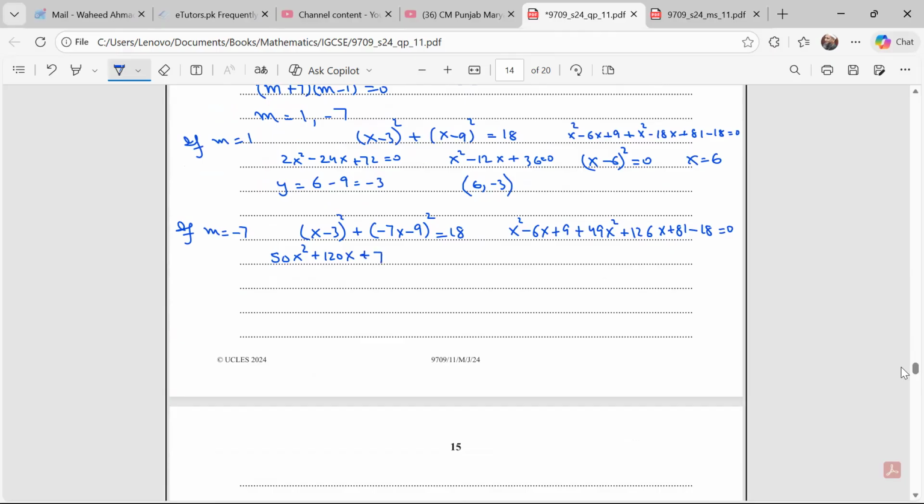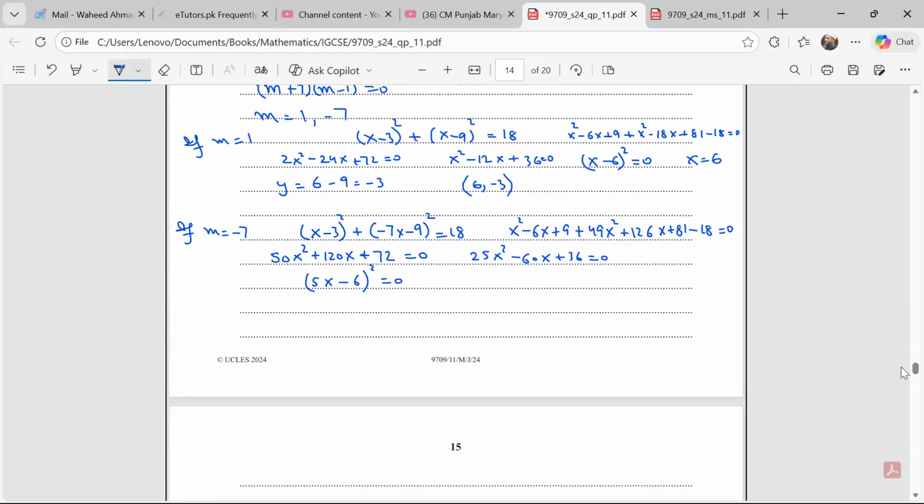We did this thing 2 times before, right? If I divide everything by 2, it becomes 25x squared plus 120x... minus 60x plus 36 equal to 0. You can see that this looks like 5x minus 6 squared, because when I open it, this is going to be 25x squared and 36, and 5 times 6 is 30, 30 times 2 is 60.